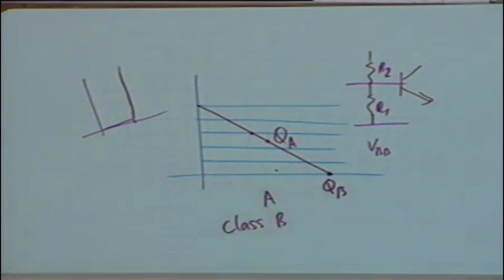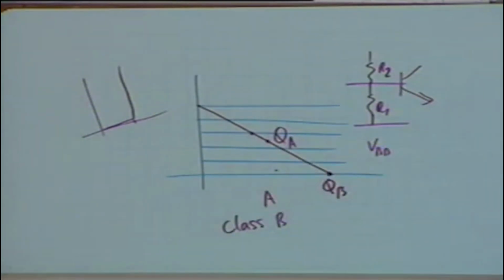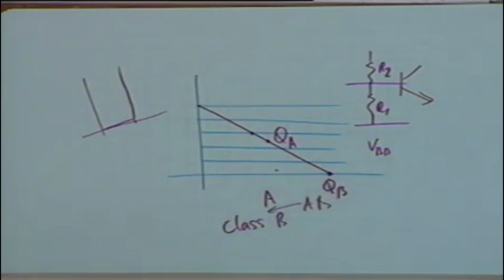In class B operation the collector current flows only for half cycle of operation. If it is in between half and full, then it is called class AB. It is neither class A nor class B, it is somewhere in between, class AB. There can be intermediate class AB.